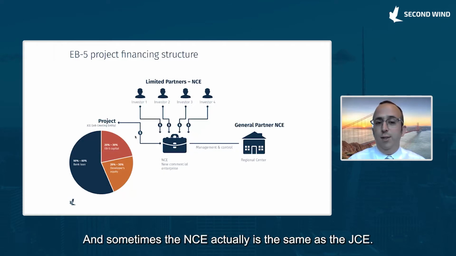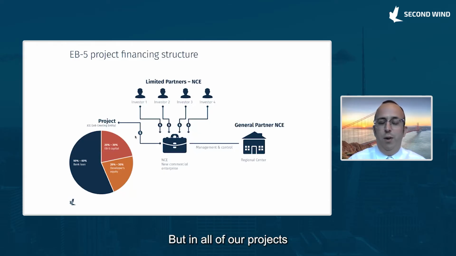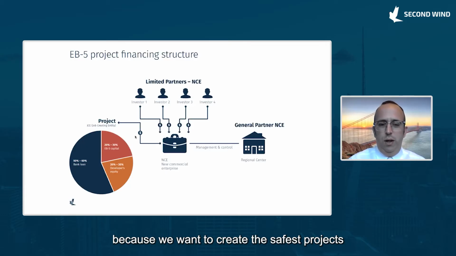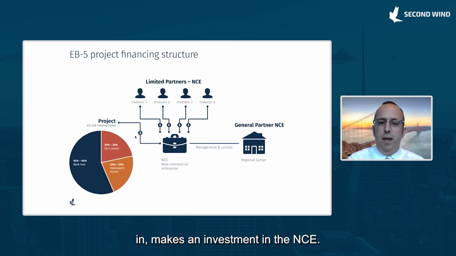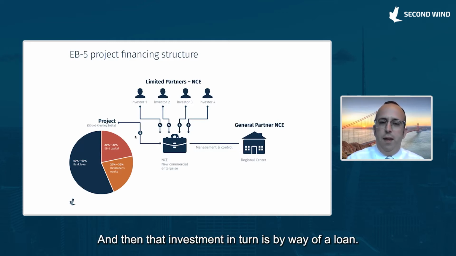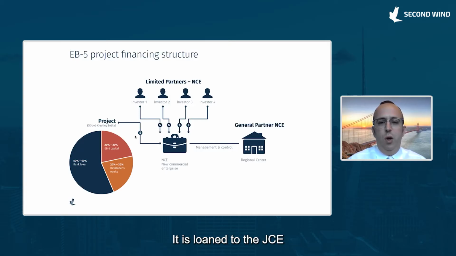Sometimes the NCE is the same as the JCE, but in all of our projects, there is a specific distinction between the NCE and the JCE because we want to create the safest projects for our investors. And therefore, an investor makes an investment in the NCE, and then that investment in turn is by way of a loan. It is loaned to the JCE where the jobs are actually created.